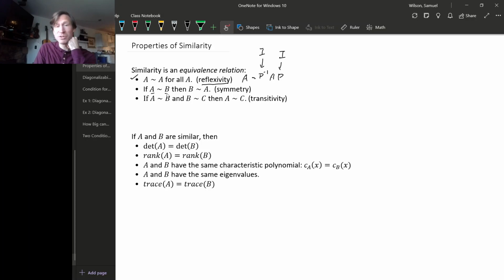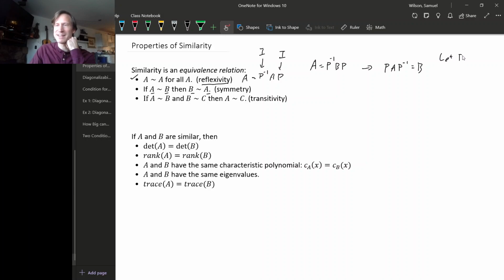Also, if A is similar to B, then B is similar to A. That's pretty clear, because if A is similar to B, then we can write A as P inverse times B times P for some matrix P. But then we can rearrange this equation. We multiply on the left by P and on the right by P inverse, and that gives us P A P inverse is equal to B. Then we can just rename our matrix.